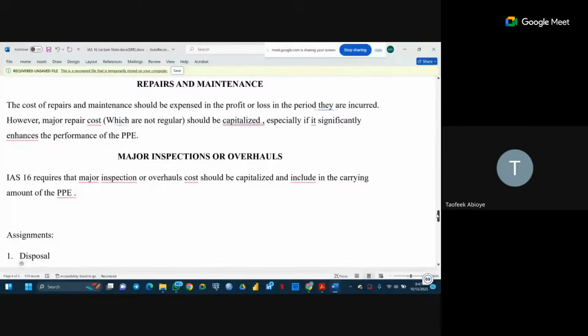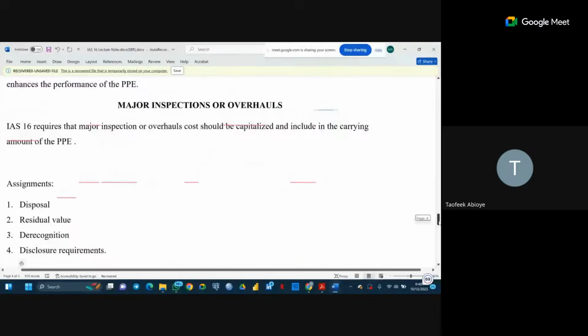So everything speaks to the fact that there are some costs that we incur even after purchasing the asset, after incurring the actual cost of the asset. There are some repair costs that meet the capitalization threshold, and such a cost will either improve the performance of the asset or increase the useful life. As a matter of fact, there is no way the performance will improve without the useful life improving as well. So we have some little assignments here: disposal, residual value.